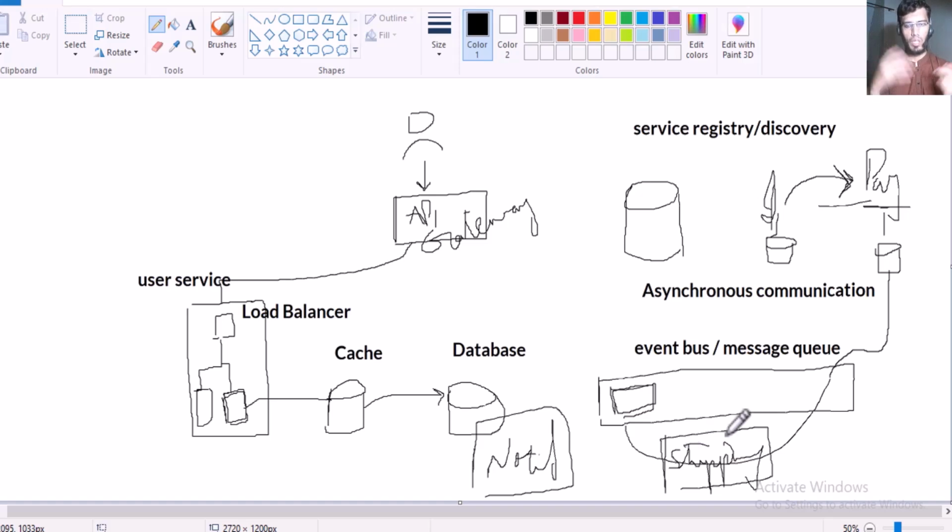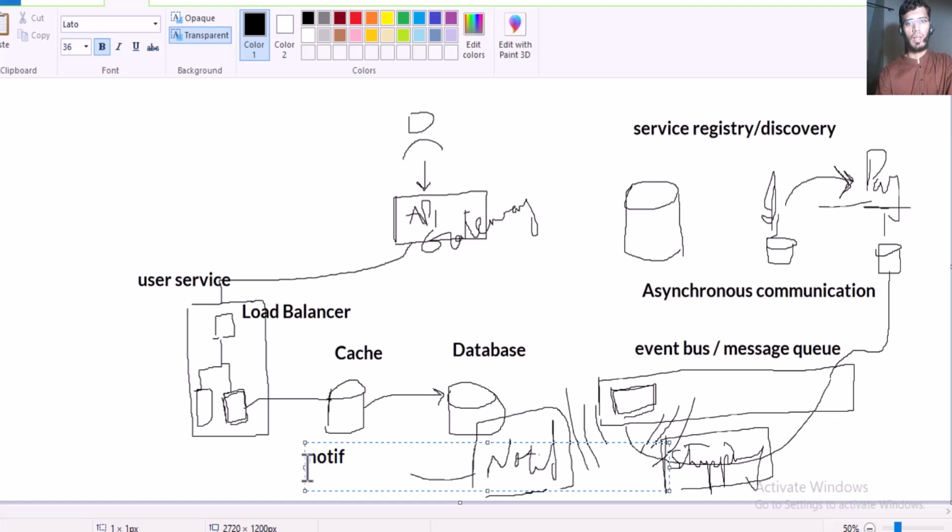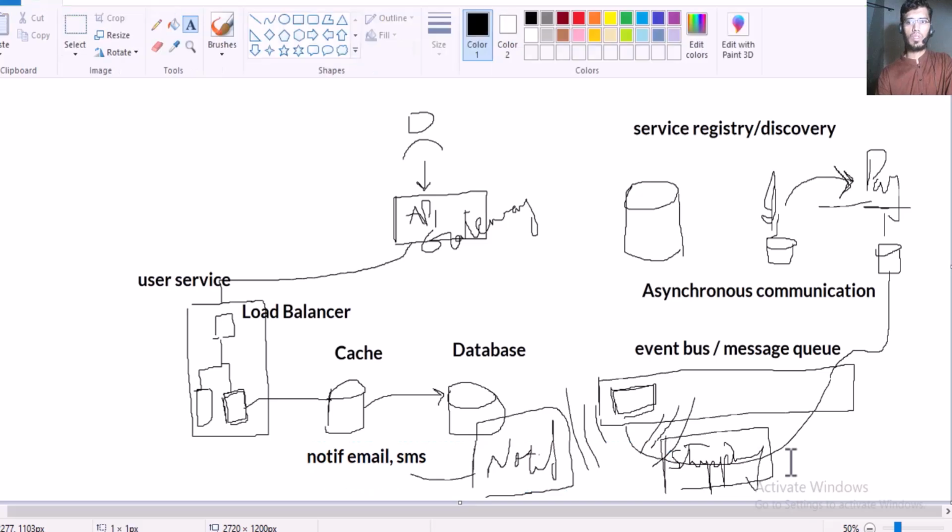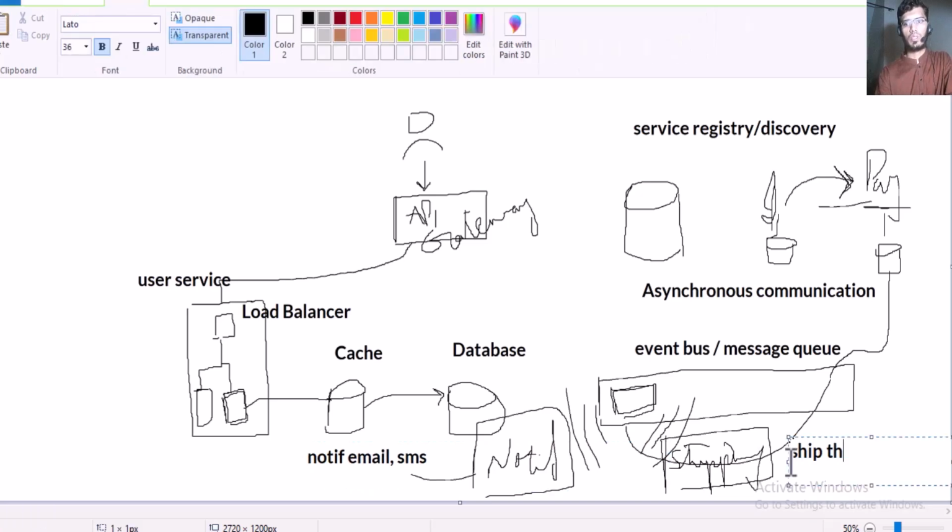When a broadcast occurs, when there is publishing, this notification and shipping service will receive this broadcast, and they will do their responding actions. Like the notification service will simply send a notification email or SMS, whereas the shipping service will do what? It will simply ship the product to the customer's home.